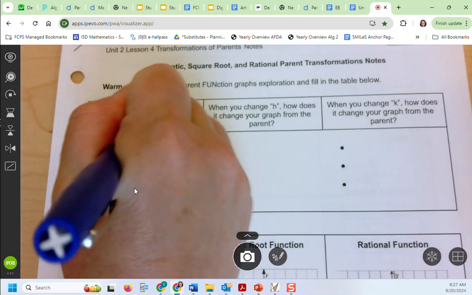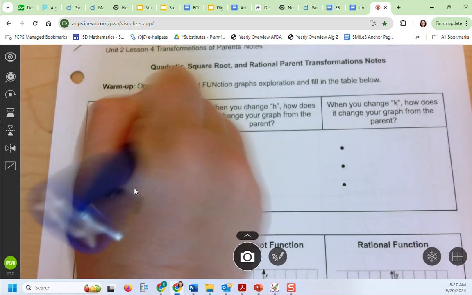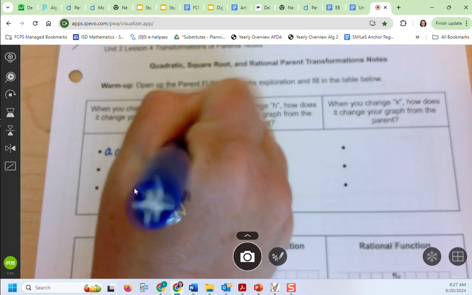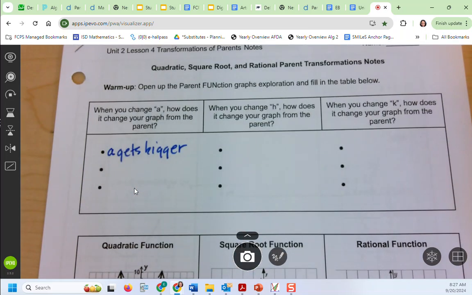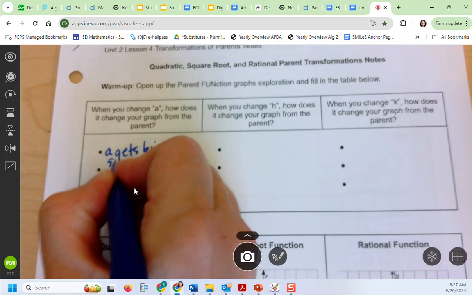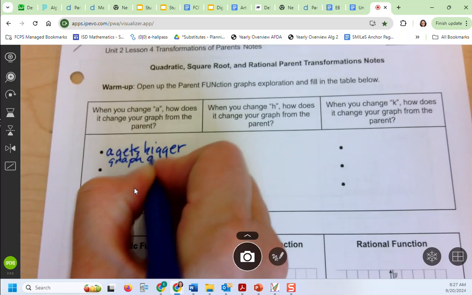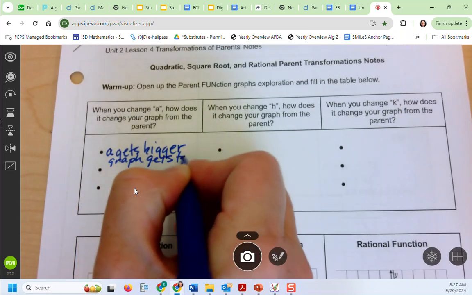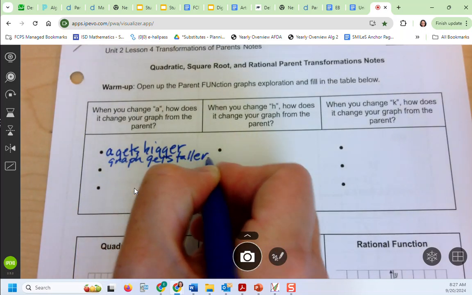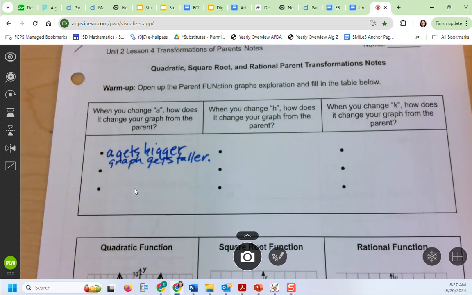When a gets bigger, your graph gets taller. If you wrote skinnier, you don't have to get rid of that, but I want you to write skinnier, taller, okay?